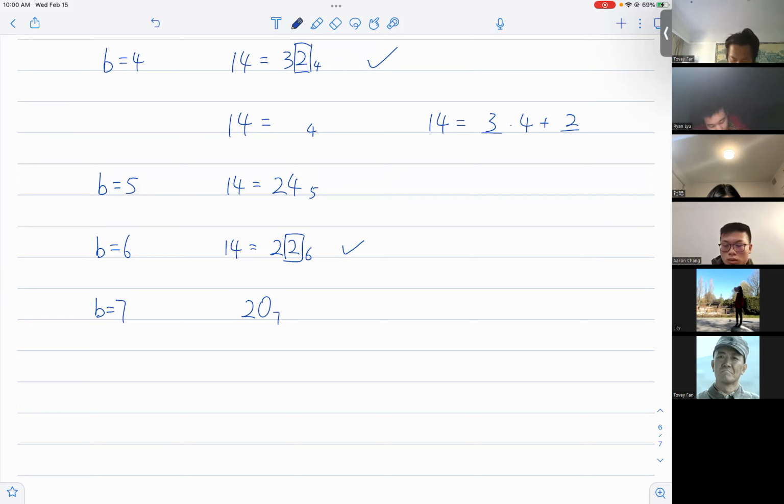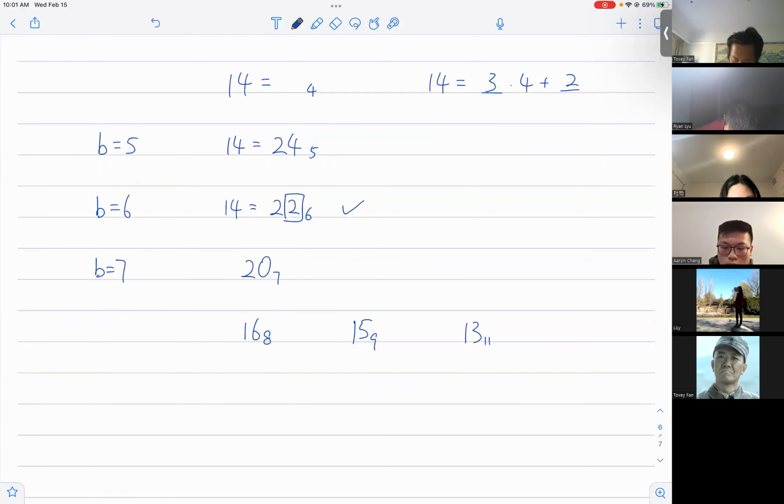And then 8: 1 6. And then 9: 1 5. And 10 is just 1 4, right? And then 11: 1 3. 12: 1 2. Yeah, 1 2. There's another 2.